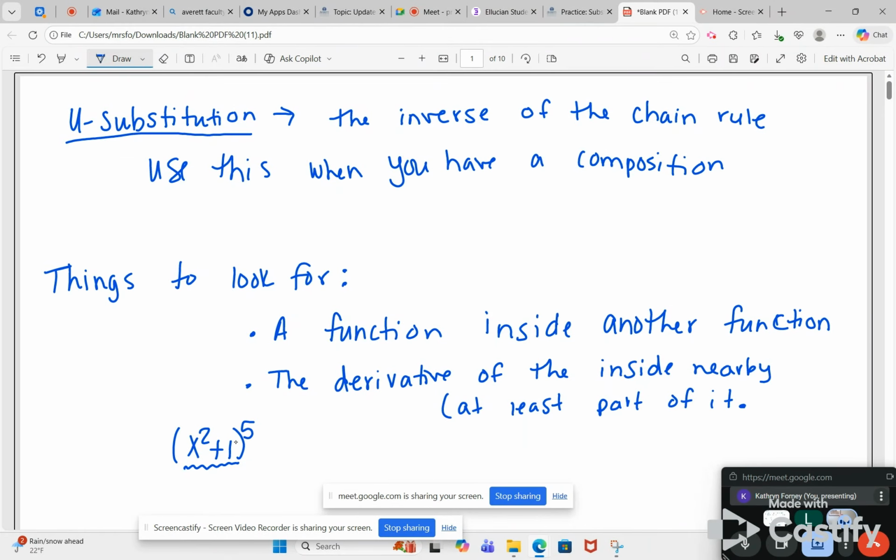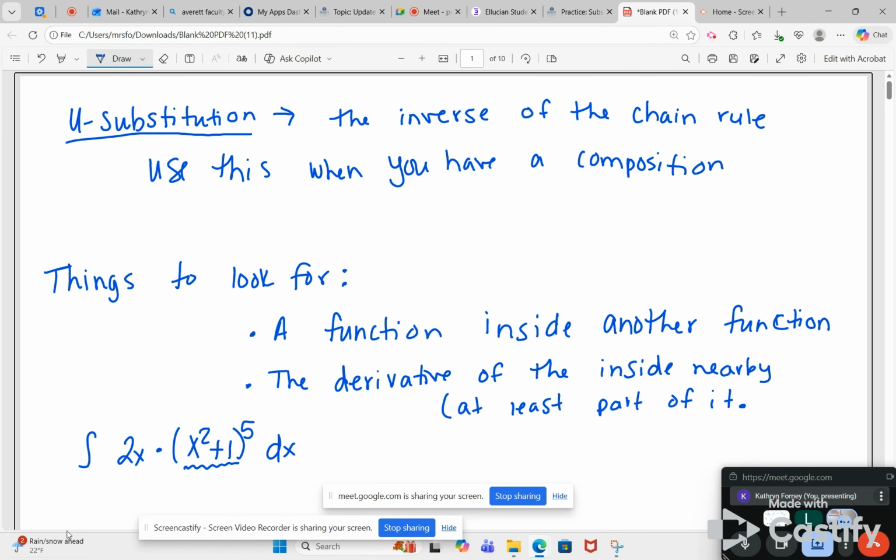So, for instance, with x squared plus 1, to be able to use u substitution, you would need 2x with it because you would need to have the derivative with it. Now, if you don't have 2x, you at least have to have the x part.